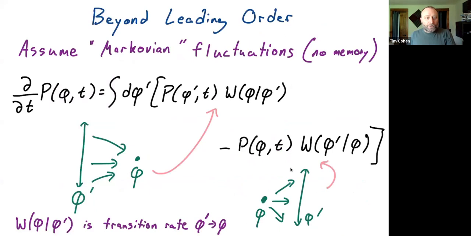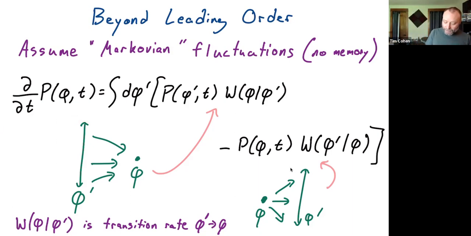So in order to understand how to go beyond leading order, we want to expand the Fokker-Planck formalism to include higher order corrections, okay? And the condensed matter community has understood this for a long time. The right way to think about this is to start from the Markovian assumption, okay? So you just want to assume that your fluctuations have no memory. And then you can write down a very general, very simple equation for how to understand the time evolution of the probability distribution.